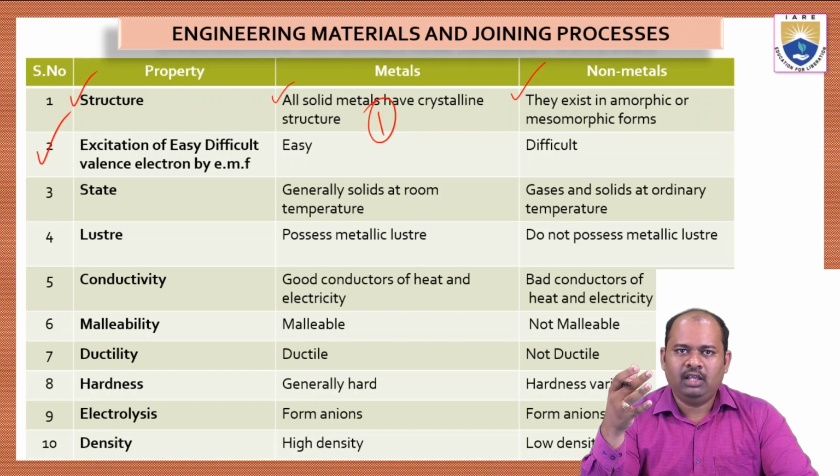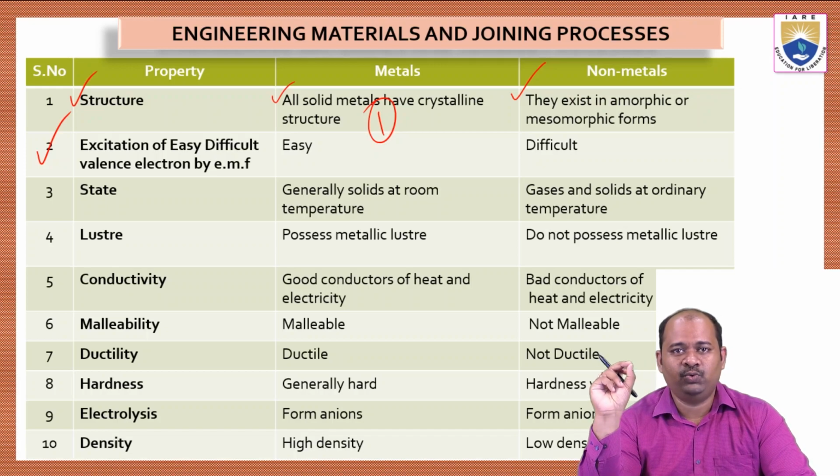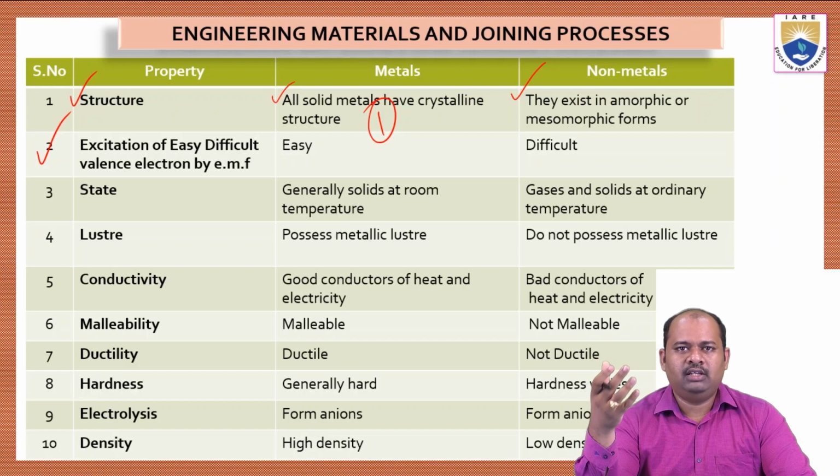If we take the example of copper, copper has many free electrons, that is why it is a very good conductor of electricity when compared to rubber. Rubber is a material which does not have any free electrons when compared to copper. So that is why it can be used for insulation. It does not make current flow through its body.